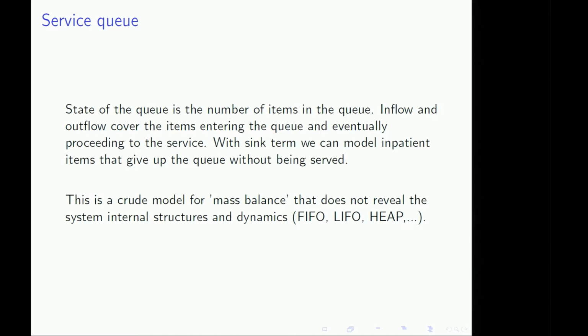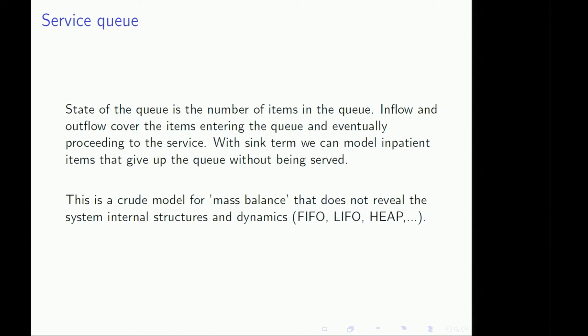It's not very easy to think of reasonable source terms for a queue. Things are not normally inherently increasing within the queue. Queuing people do not reproduce during the queuing time. But a sink term can sometimes be meaningful.